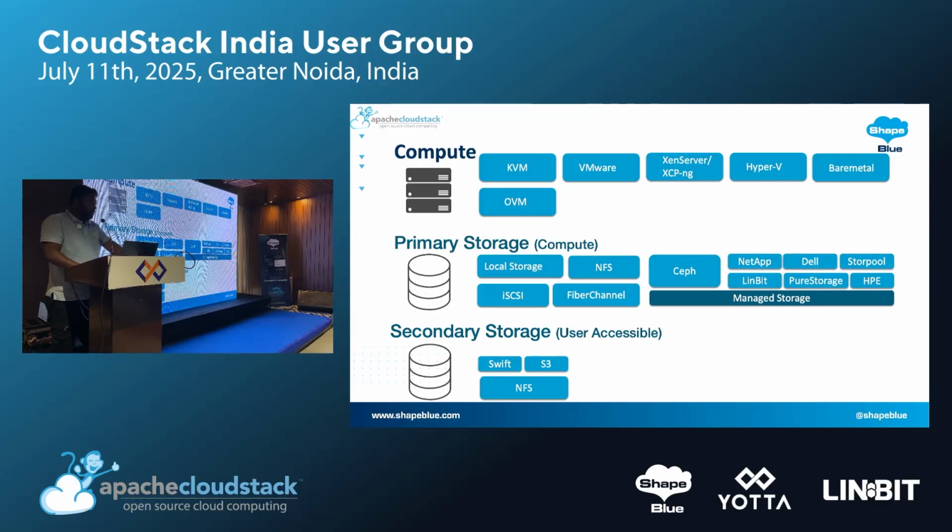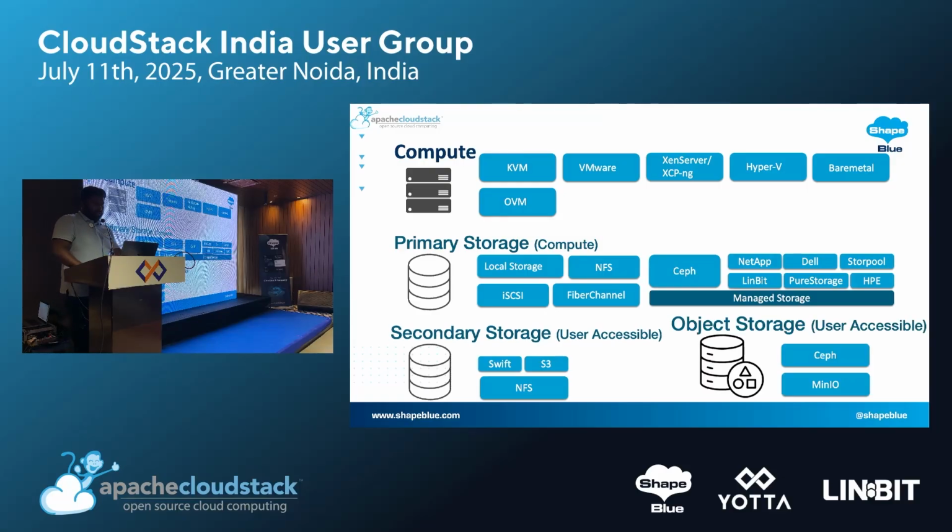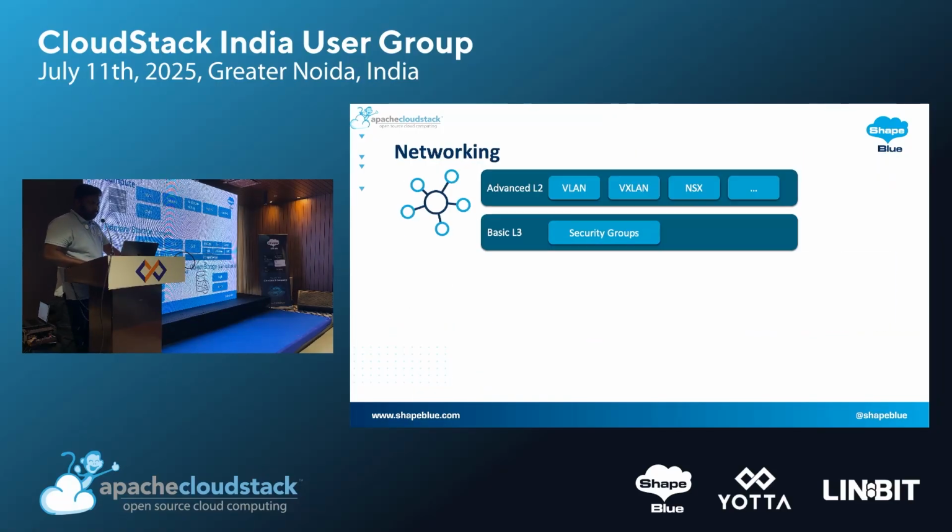There is integration with S3 and Swift, but again, these are not very well maintained. And you have the latest here, that is object storage support with CloudStack. You can provide your users object storage access through CloudStack. The existing integrations are MinIO and Ceph, but there are other integrations I know which are coming up soon.